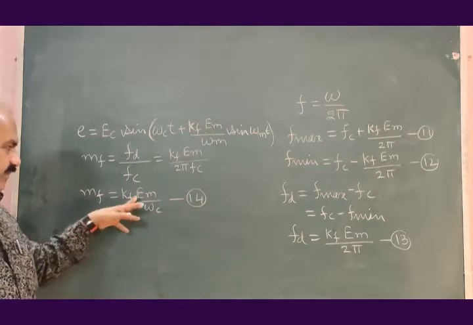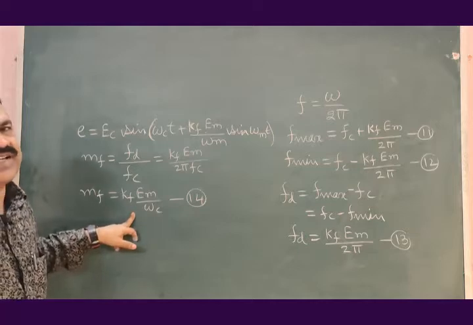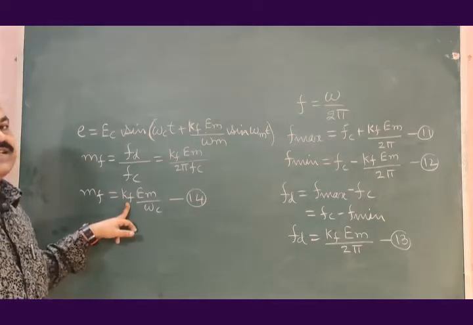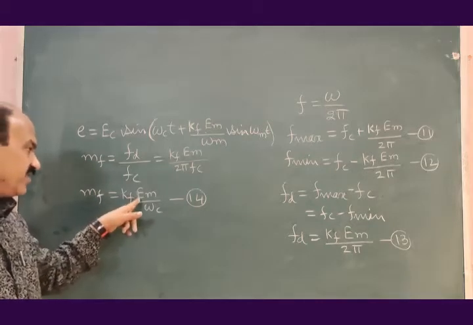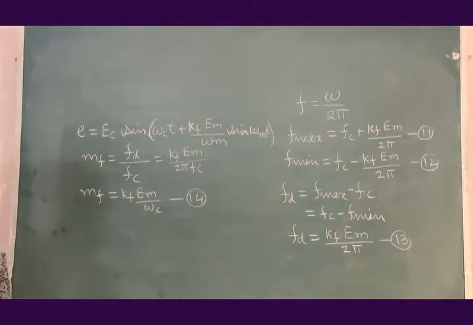It will be decided by em and omega c. Kf is a proportionality constant. Of course, this proportionality constant decides the maximum variation in the frequency modulated voltage with respect to the value of this em. After that, one more factor is there.